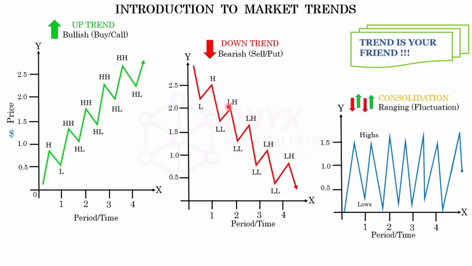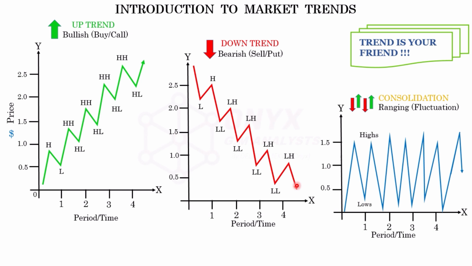It goes back up, but this high that it forms when it turns here is not higher than that previous high. It's actually lower than the previous high. So we call it a lower high. And then it goes down again, forms a lower low, goes up, lower high, lower low, lower high, lower low, lower high.